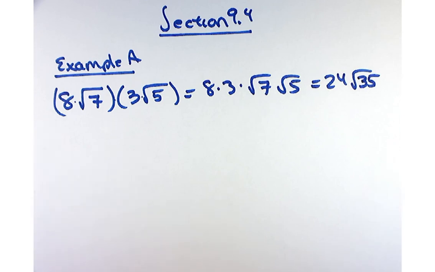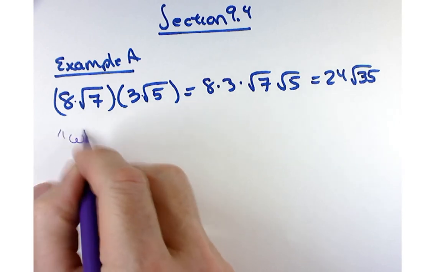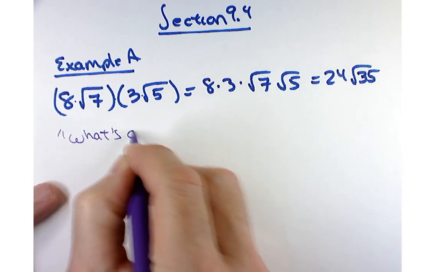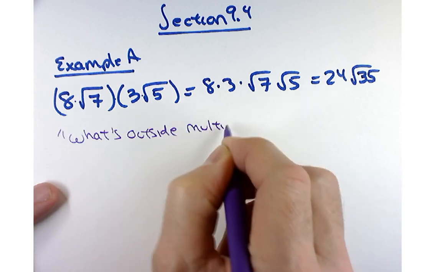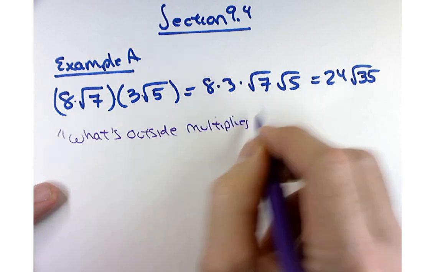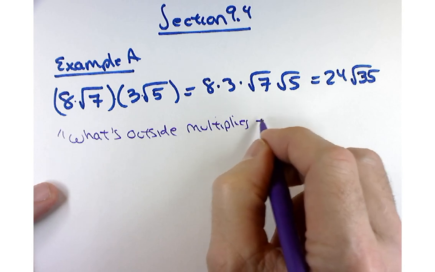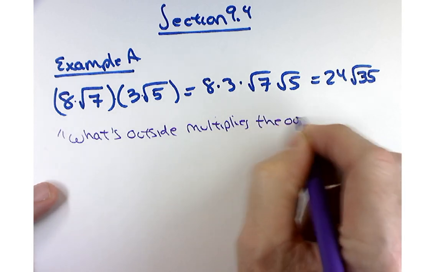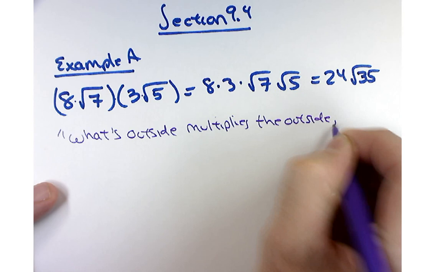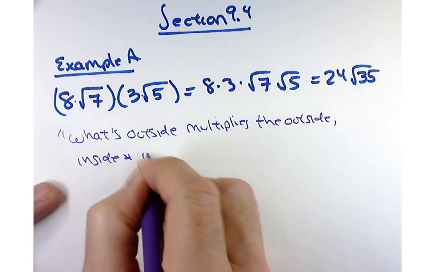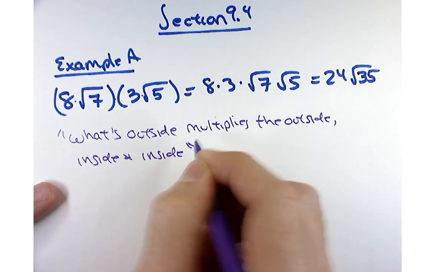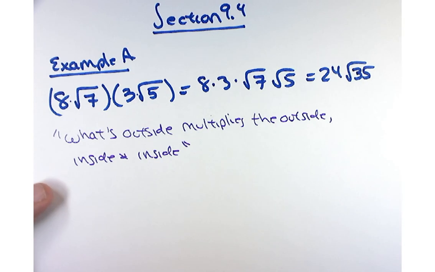So the bottom line when you're multiplying these kinds of expressions is what's outside multiplies what's outside, and then inside times inside. That's kind of a crude way to put it, but that's really what's going on here.